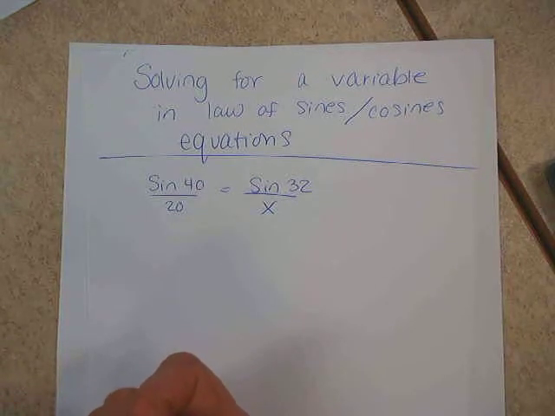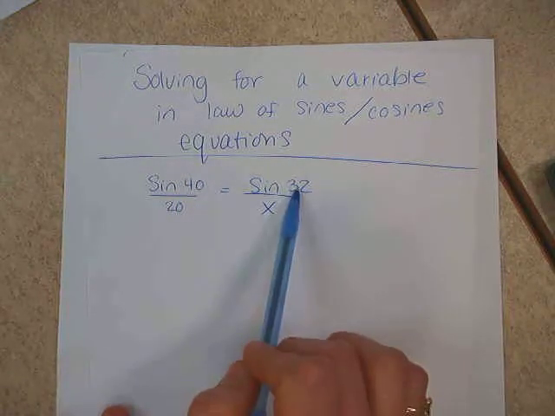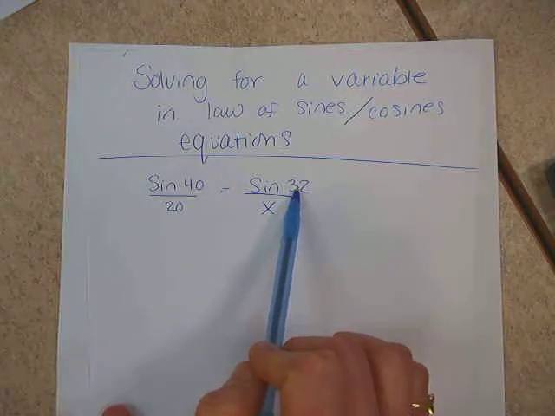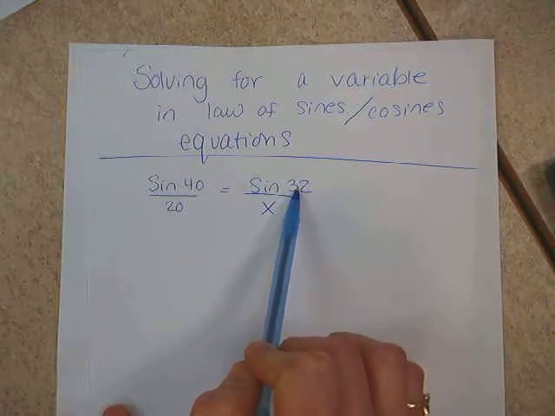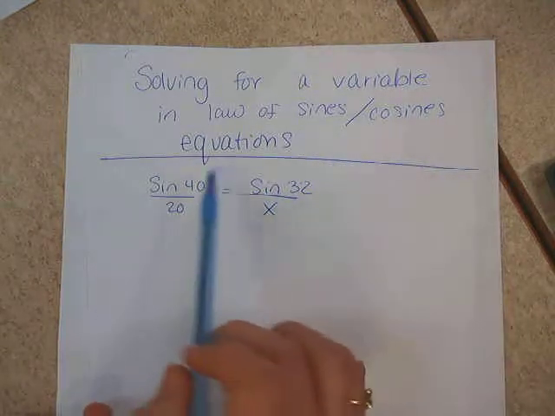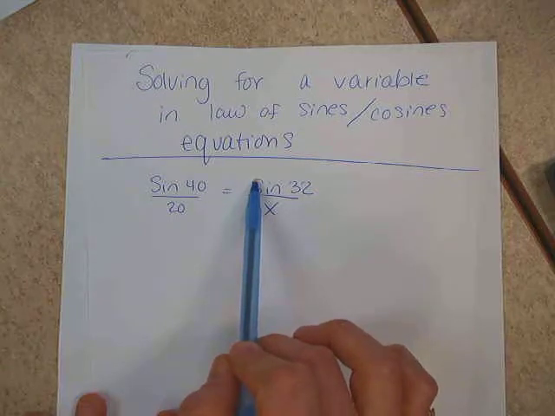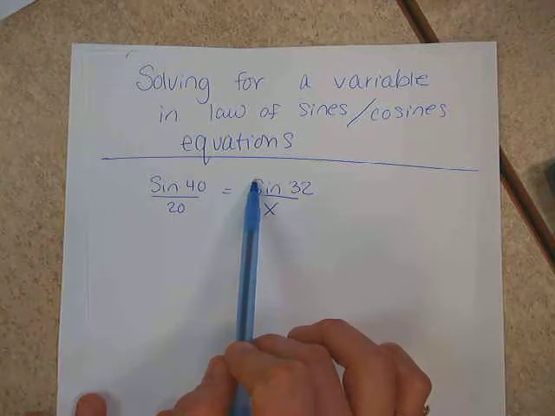The most precise way is to keep the sine of 40 and the sine of 32 as is until you get x by itself. But if that's too much to deal with at the end, you could turn these into decimals.